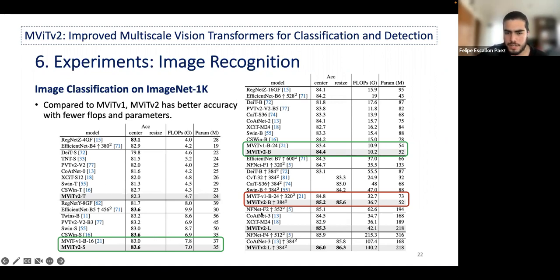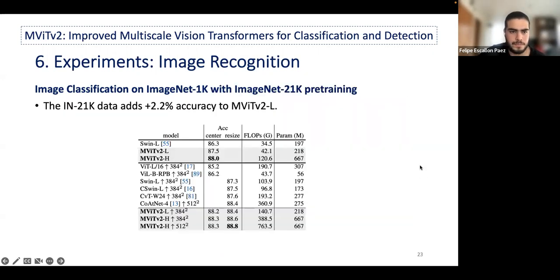What's important here, for example in red, is that they do modify or increment their input image size. So in this comparison, they are not comparing to the same input image size as in the previous iteration, but they do outperform.